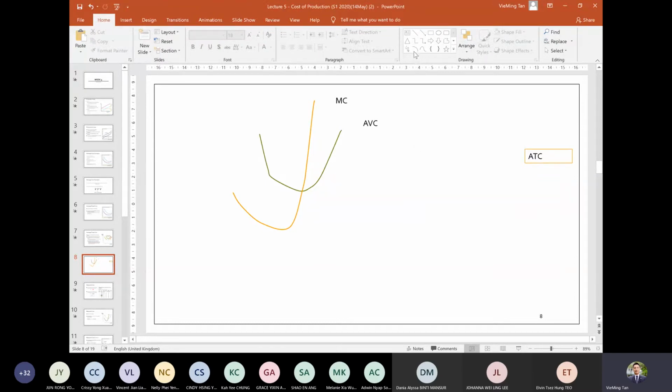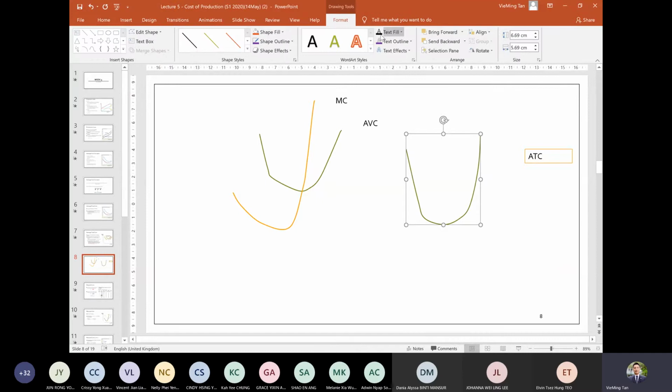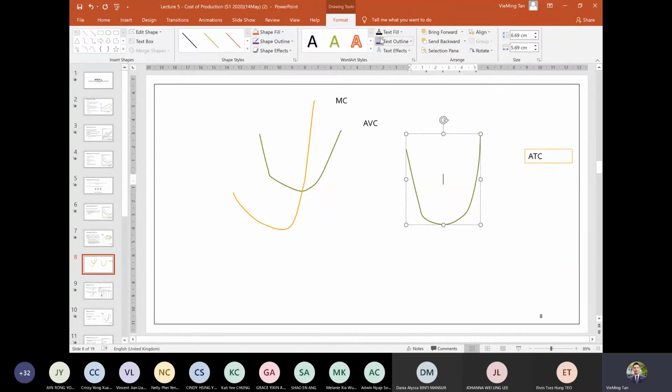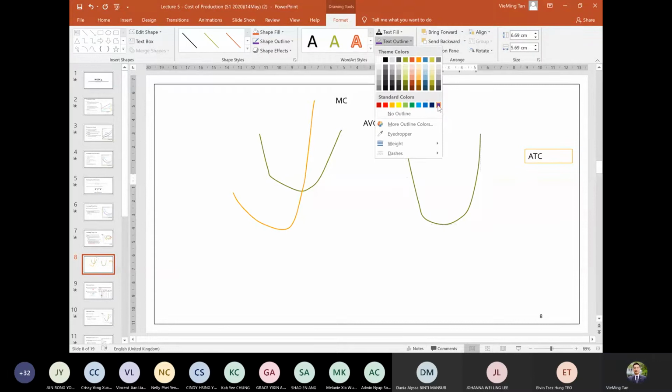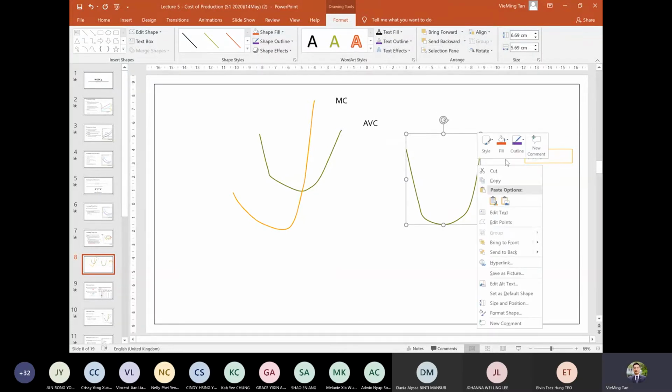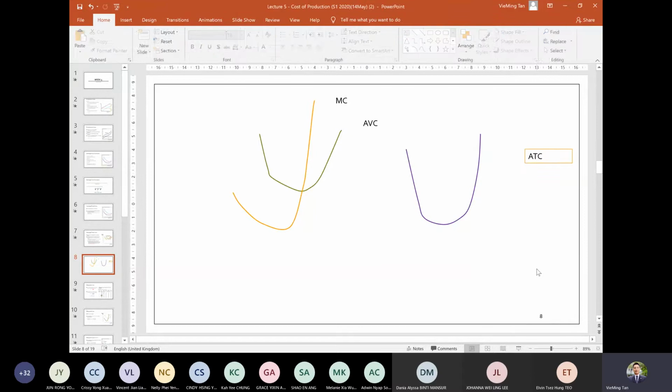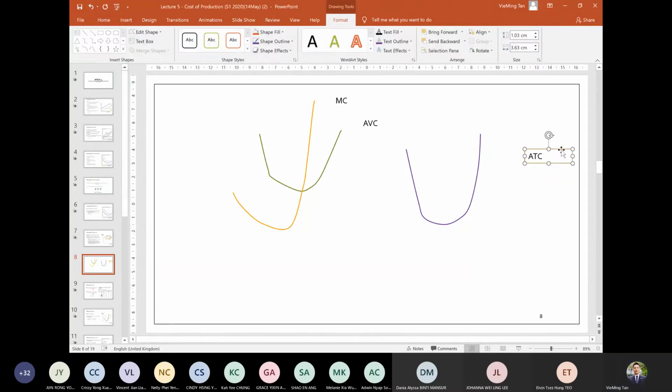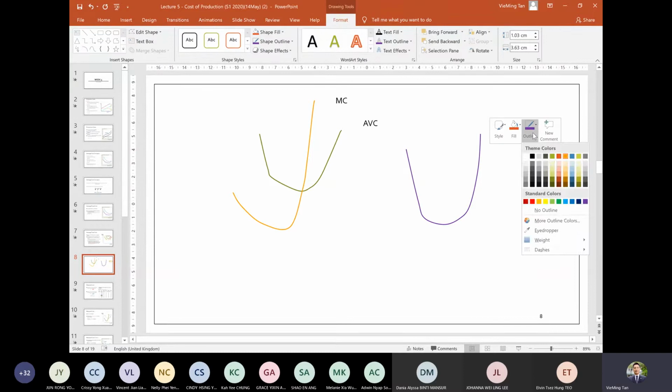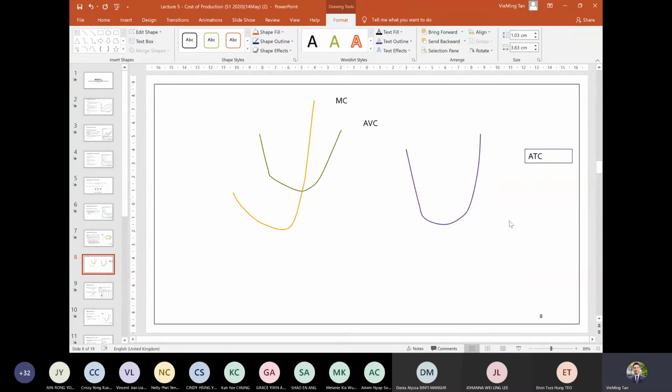I try to draw the total cost, average total cost. Okay, so now I try to draw the marginal cost. This one I use black color.